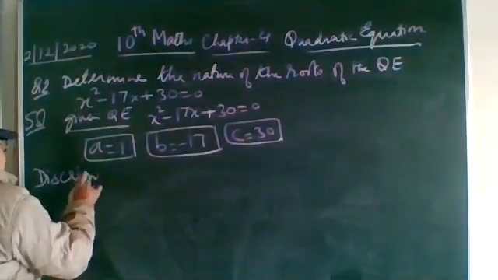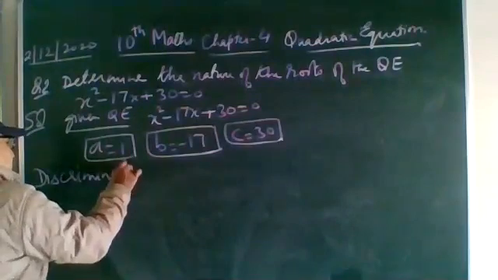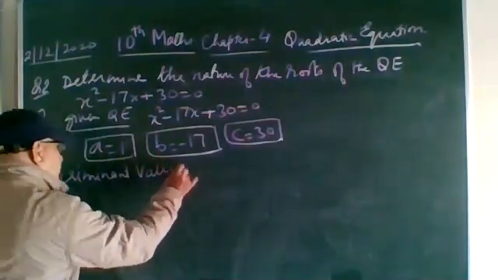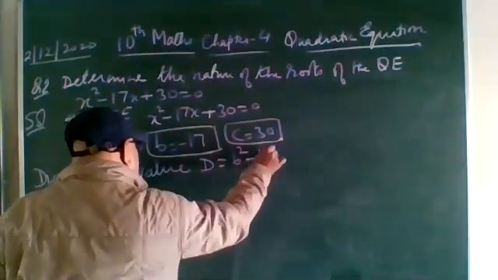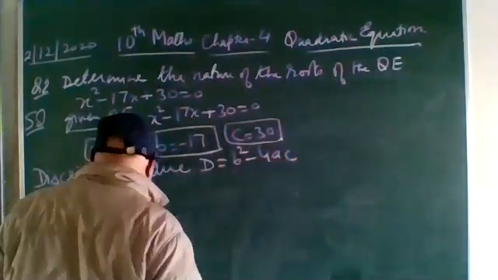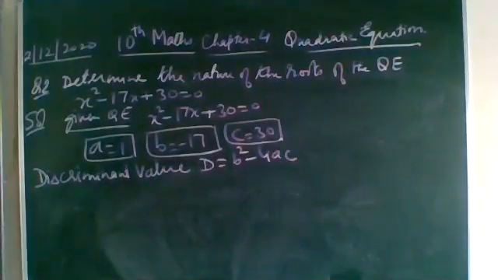Discriminant value D is b square minus 4ac.